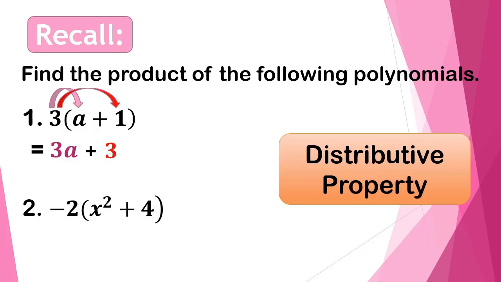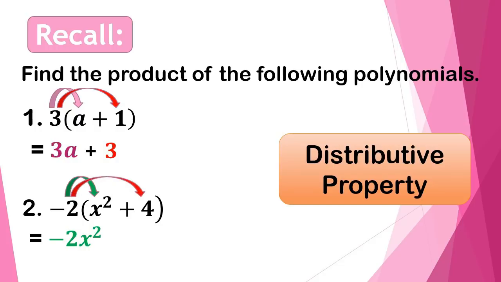Next, example number 2. We have here negative 2 times x squared plus 4. The same process that we use for number 1, all we need to do is to multiply negative 2 to each term of the binomial, which is x squared plus 4. Now, let's simplify. Negative 2 times x squared is equal to negative 2x squared.